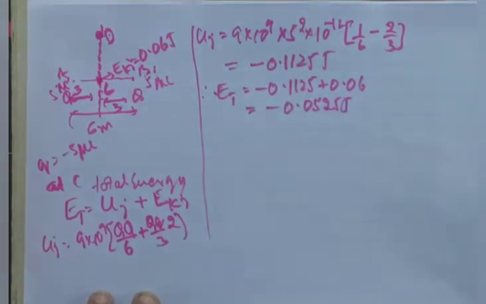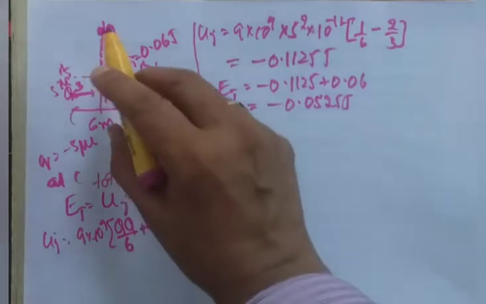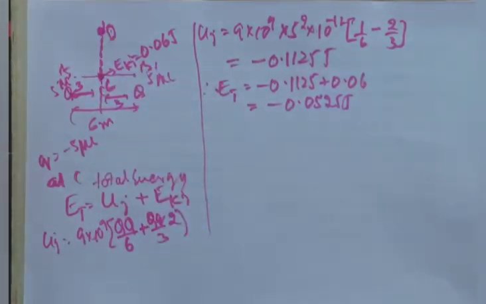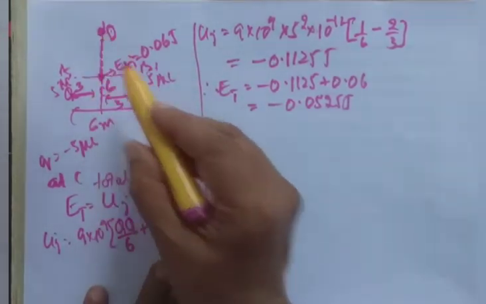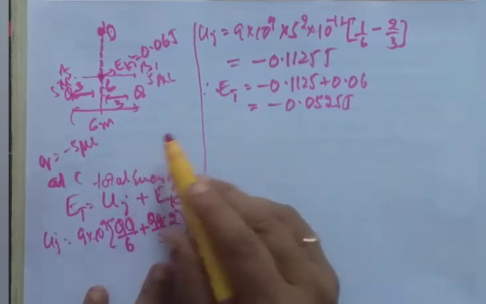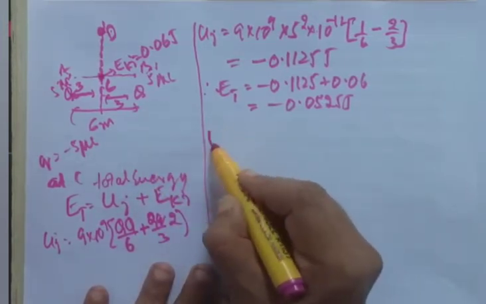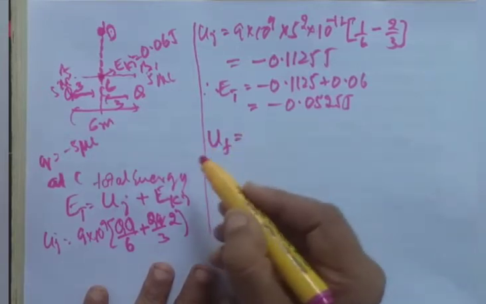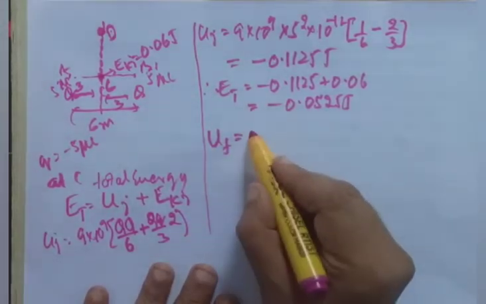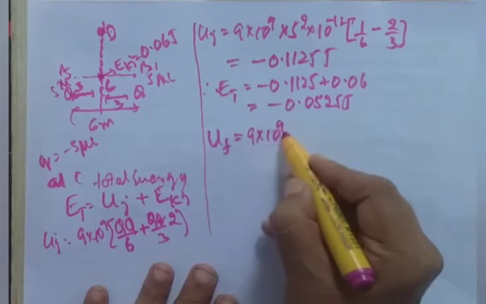This total energy should remain the same even at point D where the charge stops. Therefore, at D, the charge system will have only potential energy, no question of kinetic energy. So I write U final. U final can be written like this. Again 9 into 10 raised to 9.